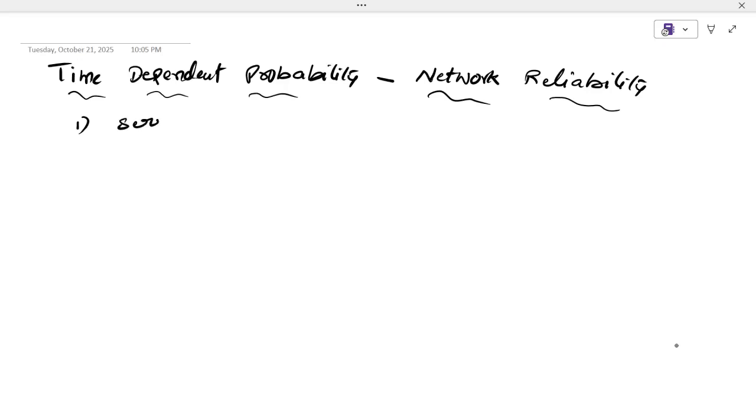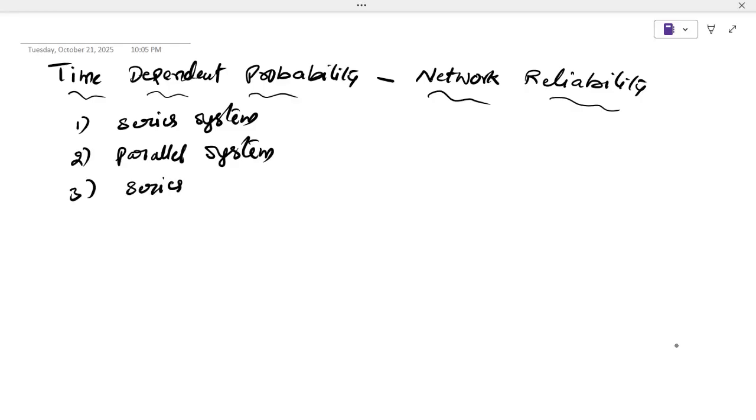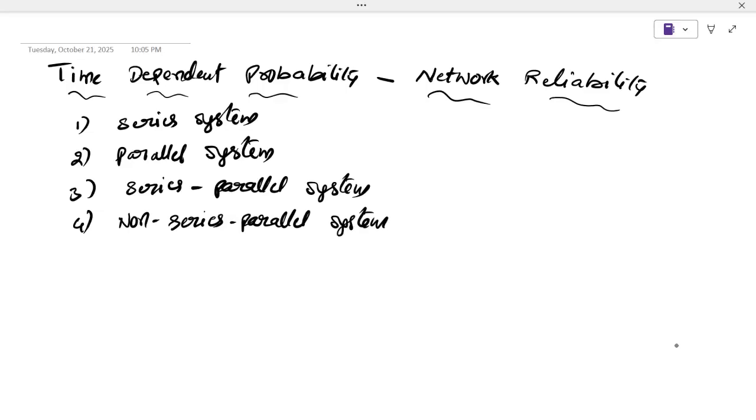So in that, first one is series system, second one is parallel system, third one is combination, series parallel system, and fourth one is non-series parallel system. Now we'll see one by one.